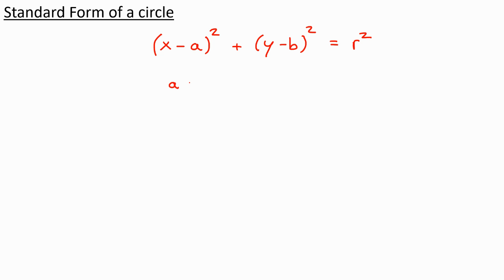Whatever the number for a and b is, that's the center of the circle. And r, not r squared, but r itself, notice the difference. In the equation, it's r squared, but the square root of whatever that number is that will be given, that is the radius of the circle.